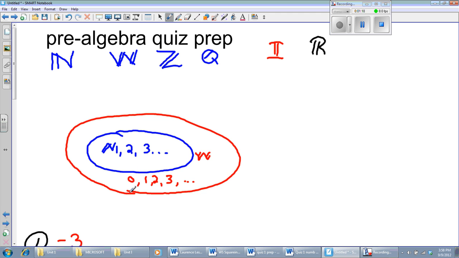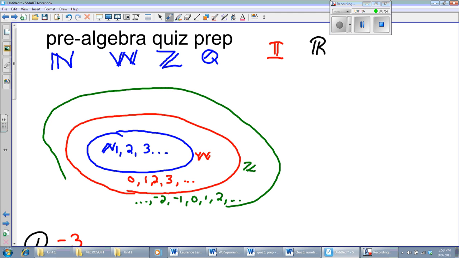And then we added in the negatives. So we might have dot, dot, dot, and then -2, -1, 0, 1, 2, and that would include the integers. And again, still no fractions, no decimals.